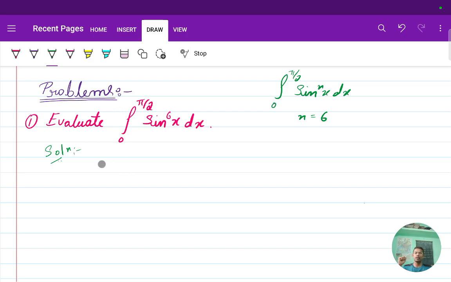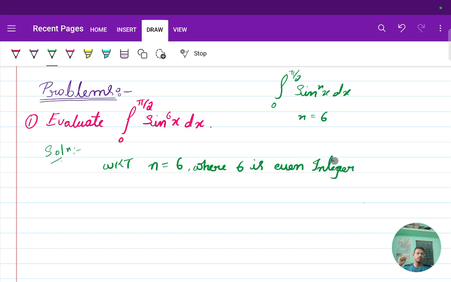We know that n is equal to 6, where 6 is an even number, an even integer.